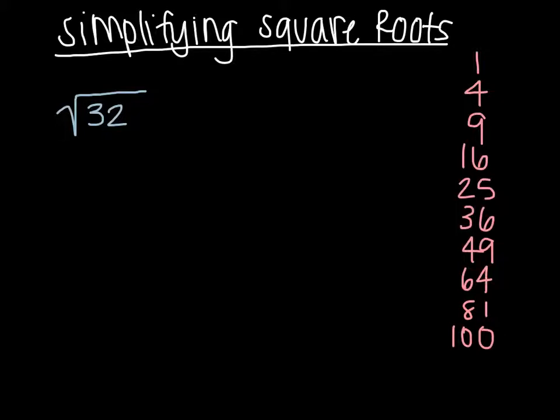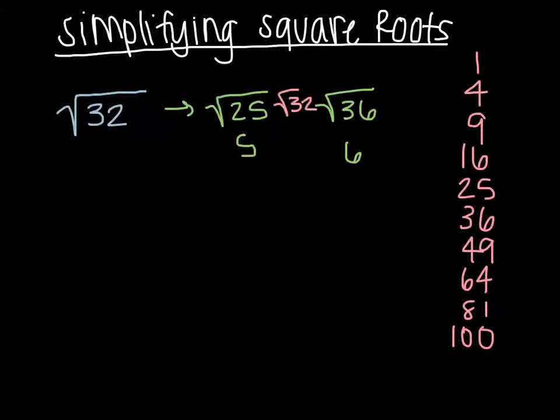Because what you've learned is that the square root of 25 is 5, and the square root of 36 is 6. So the square root of 32 falls in between there. It looks to me like 32 is a little bit closer to 36. So I bet your answer is probably going to be between 5 and 6, but a little bit closer to 6.